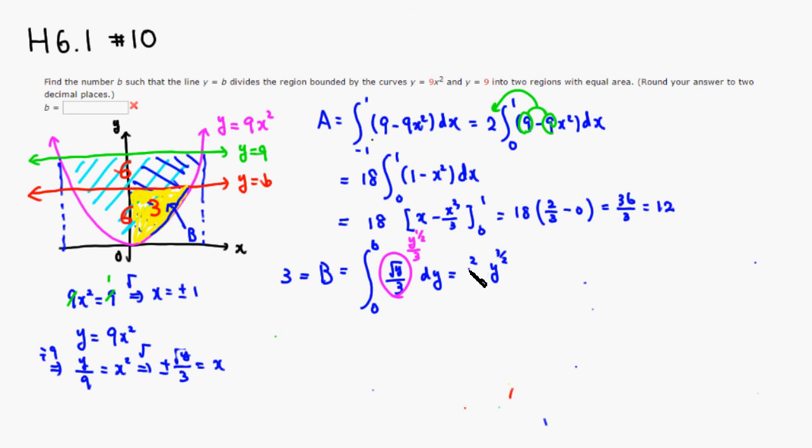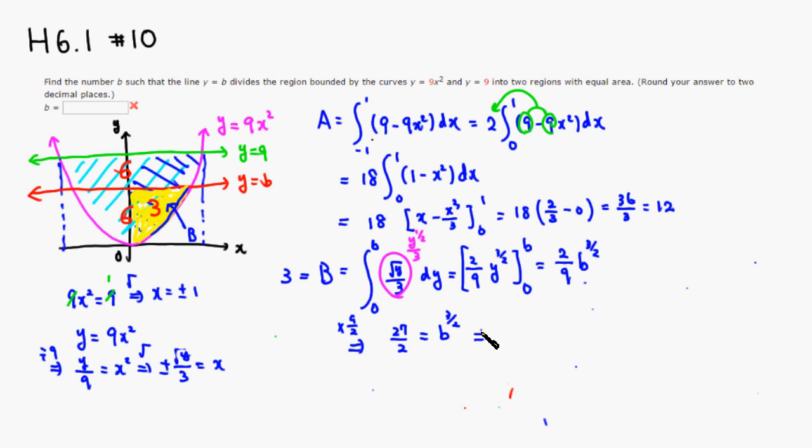So it's going to be 2 over 9, because the 1/3 is already there, going from 0 to b. So the area there is 2 over 9 b to the 3/2 power. We just have to find b. This is equal to 3, so I'm going to multiply both sides by 9 over 2. So 27 over 2 is equal to b to the 3/2 power.